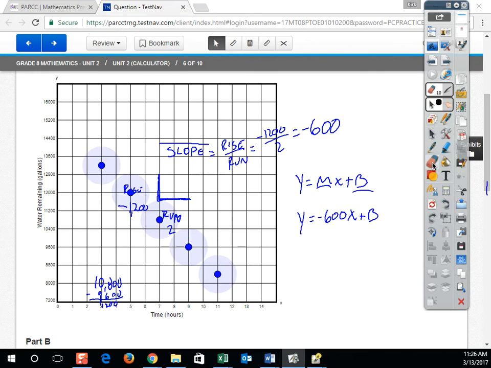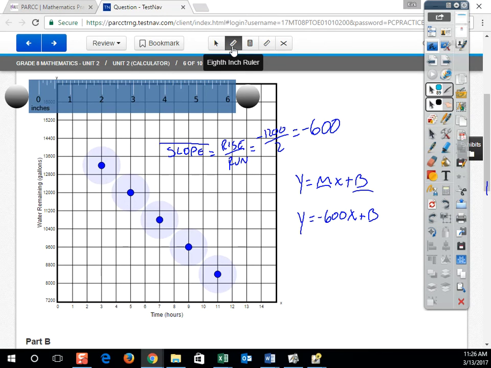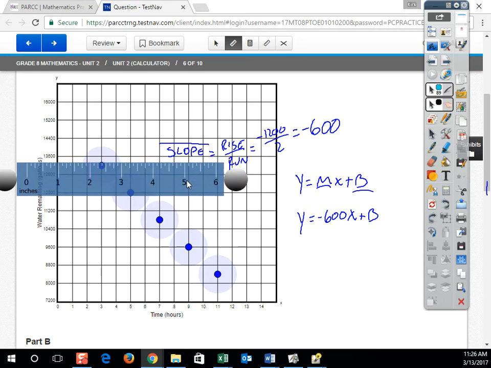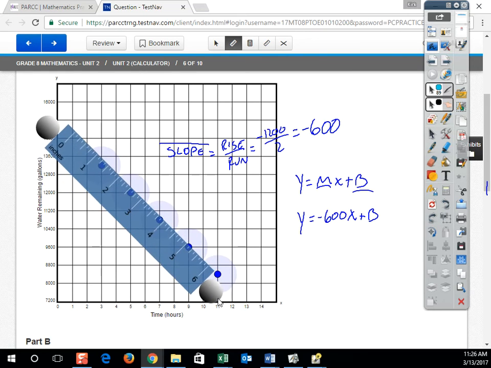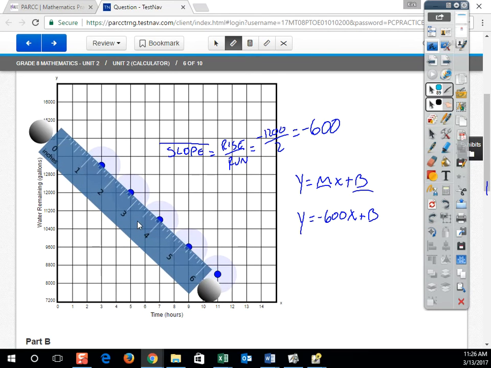graph. So now that we've used this, I can erase it. And let's use the tools available to us. That might be fun. I have a ruler. So I'm going to place the ruler on, so this ruler likes to rotate about the middle. So I'm going to place the middle of the ruler on one of the points, and I'm going to rotate it so that it is, there we go.